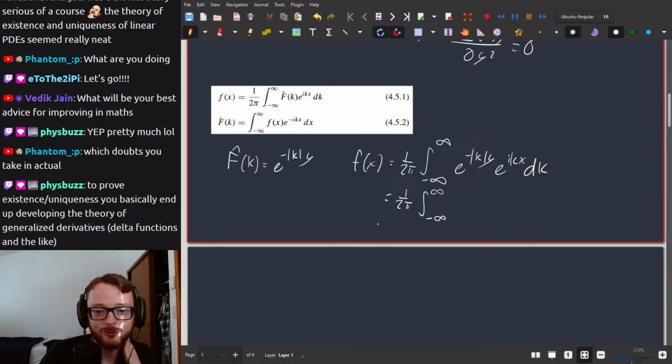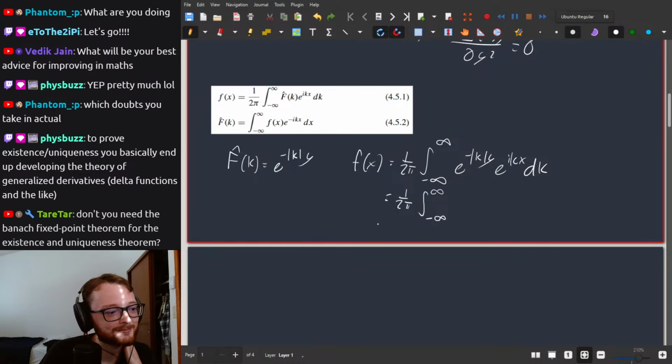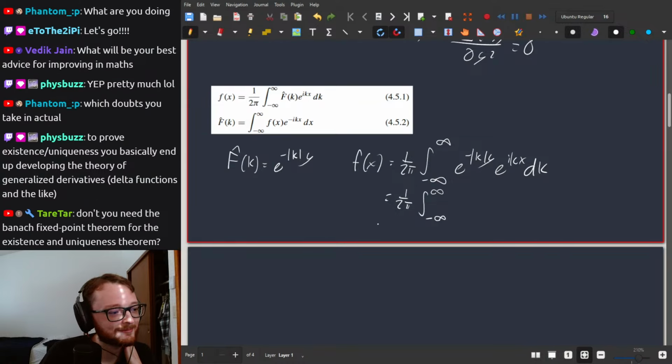I do also wish that functional analysis was less scary too. Do you need the Banach fixed point theorem for the existence and uniqueness theorem?